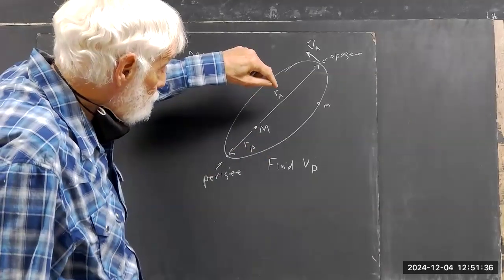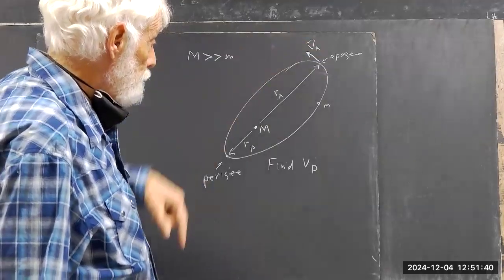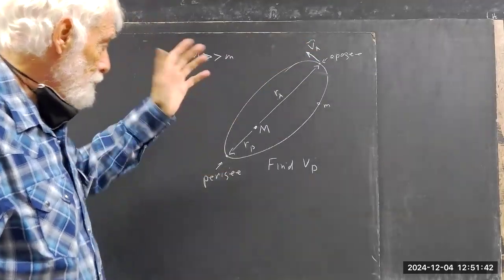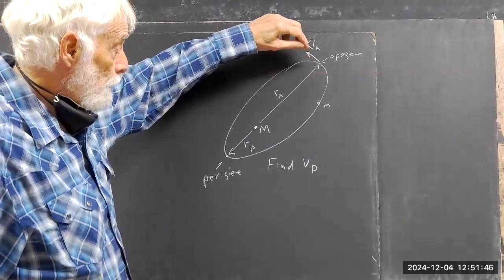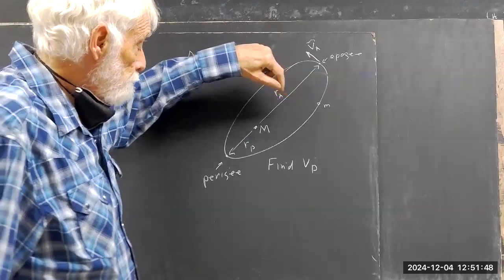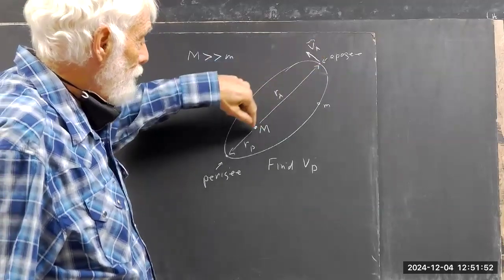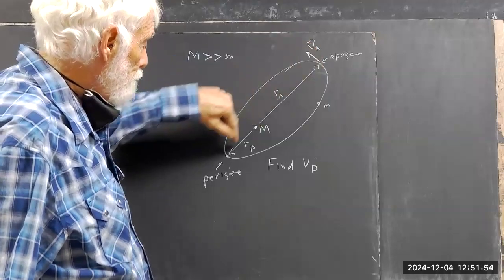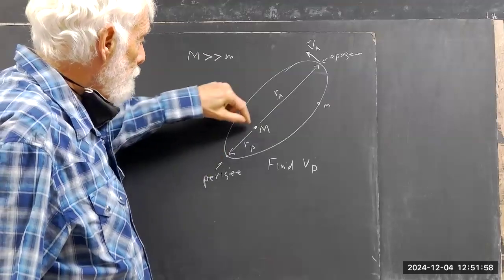Now, we have an elliptical orbit that I said we weren't going to work with, but you see how it fits in with what we did with simple harmonic motion. The apogee is the point of maximum distance from the mass. The perigee is the point of closest distance.